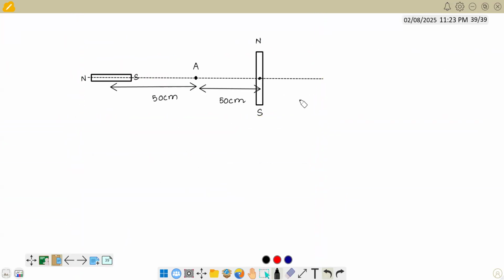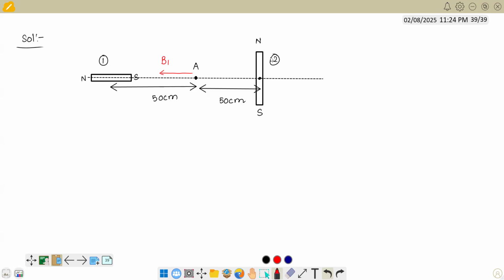I want the net magnetic field at this location. For this first one, this point A is on the axis. On the axis, what will be its direction? The direction is from south to north. So since it is closer to the south pole, there would be a net attraction, B1. And for the second one, this point A is on the equatorial point.